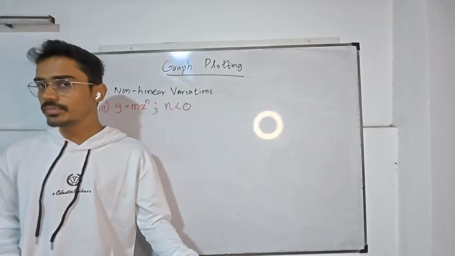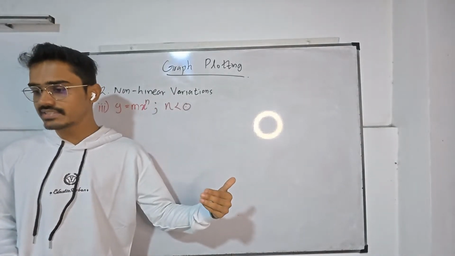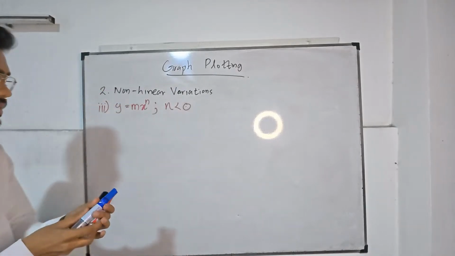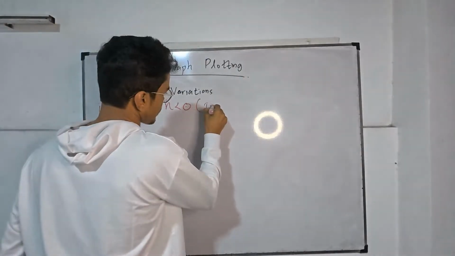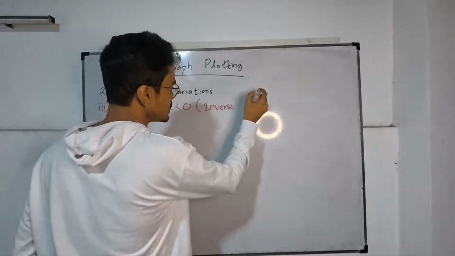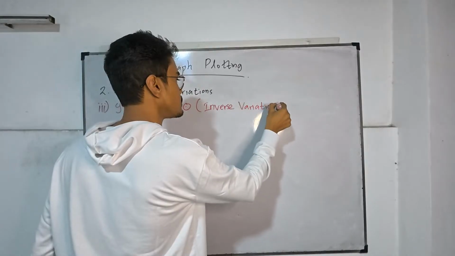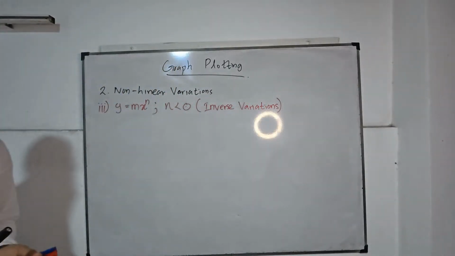Right? N less than 0 means the value of n is negative. So we call them inverse curves. Inverse variations. Take it down. Inverse variations.